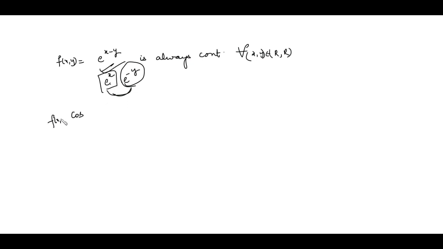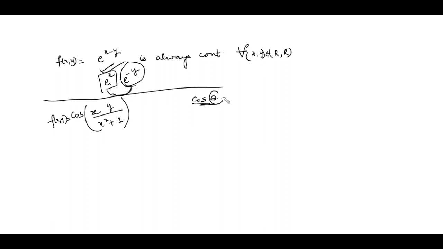The same way, let's suppose you have a function of the form cos of (x y upon x square plus 1). Now just see, since we know that cos theta is always continuous for every theta, and x y upon x square plus y, this function is defined for all values of x and y belonging to the real numbers.